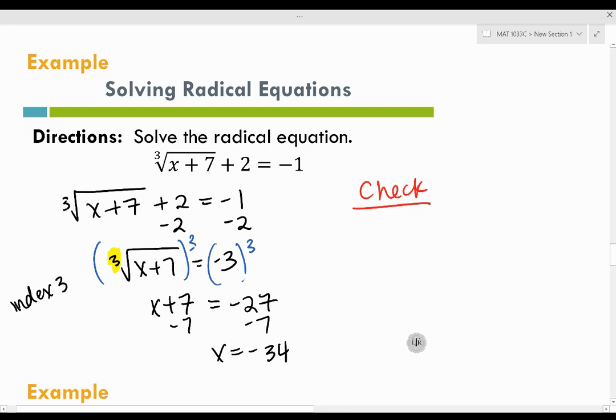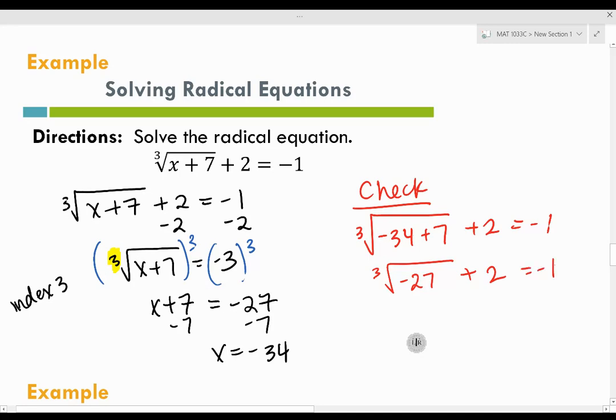So we're going to say the cube root of negative 34 plus 7, plus 2 equals negative 1. Negative 34 plus 7 is negative 27. The cube root of negative 27 is negative 3.